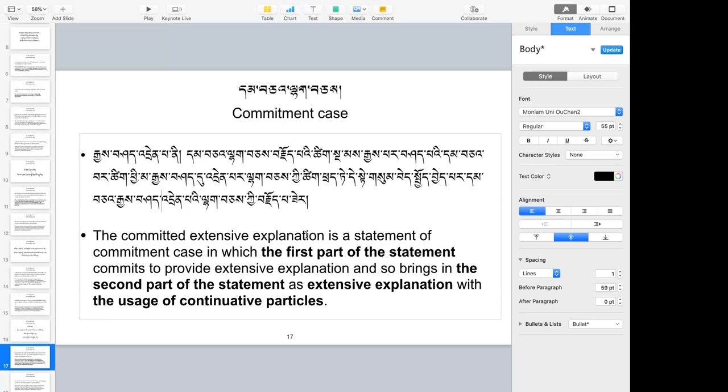So in the cases where the first part of the statement of the commitment case commits to provide extensive explanation, for example, we can say, these days, technology has made things very convenient for everyone.